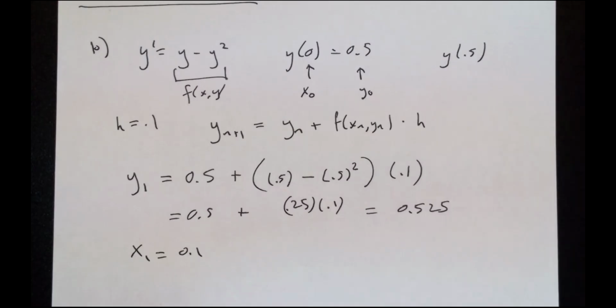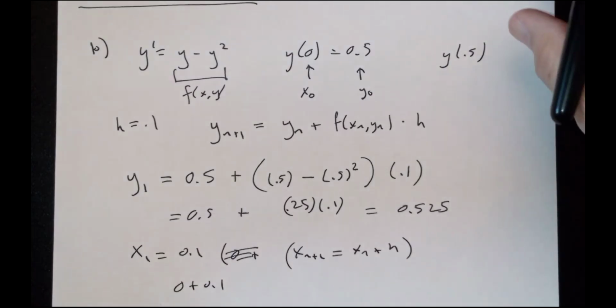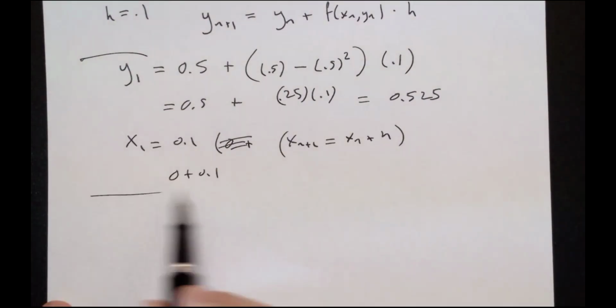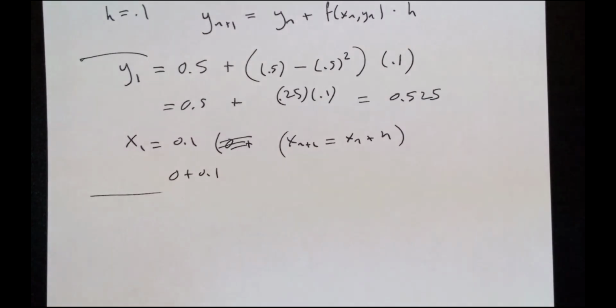And that goes with x1 being one step over. Really, let me write it this way: x(n+1) is xn plus h. So it's 0 plus 0.1. That is step 1 of 5, because I have to get from 0 to 0.5.